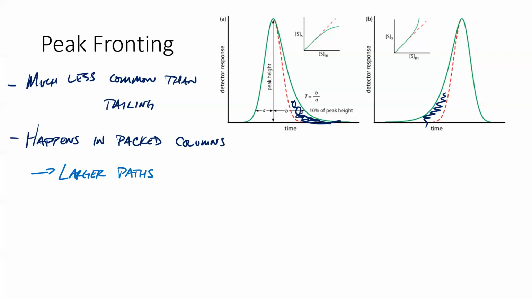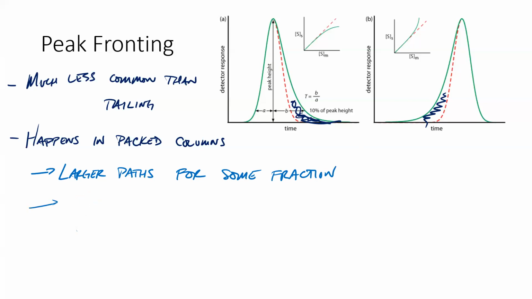And so the molecules that find that wide opening go through the column a little bit faster, right? And so they're a little bit ahead of the curve. And so some of those analytes get through a little bit faster.